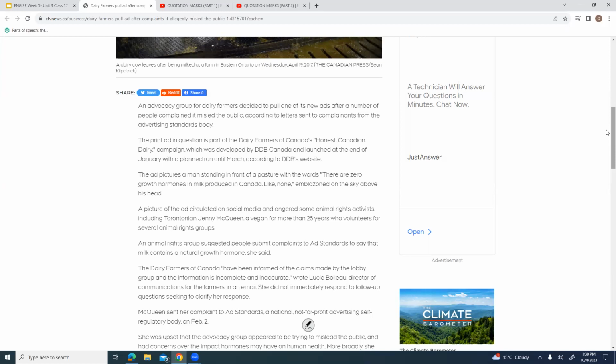An animal rights group suggested people submit complaints to ad standards to say that milk contains a natural growth hormone, she said. The dairy farmers of Canada have been informed of the claims made by the lobby group, and the information is incomplete and inaccurate, wrote Lucy Boyle, Director of Communications for the farmers, in an email.